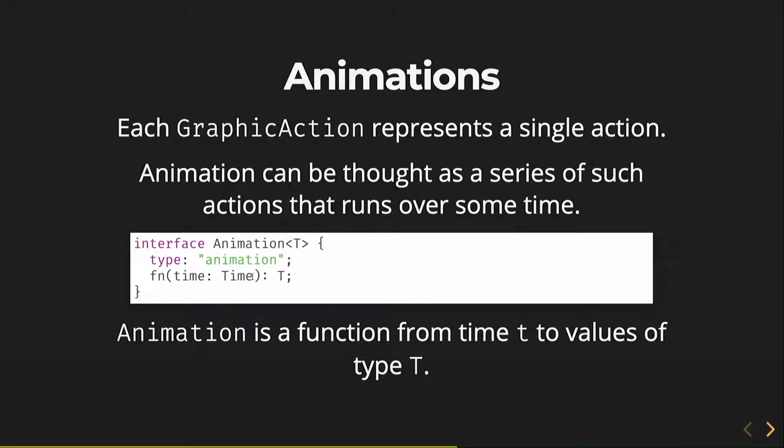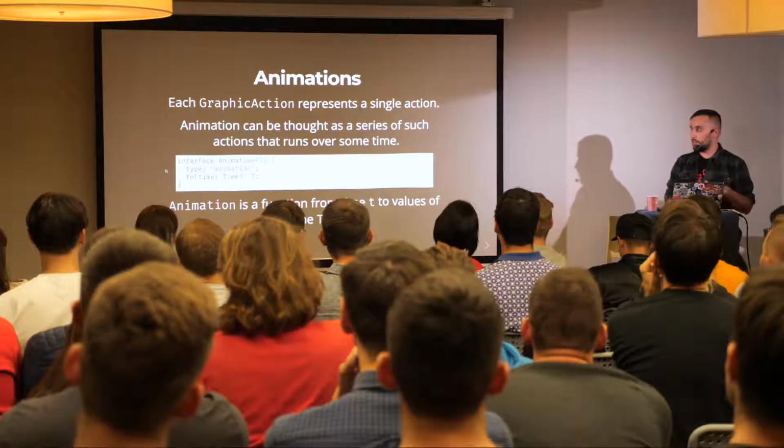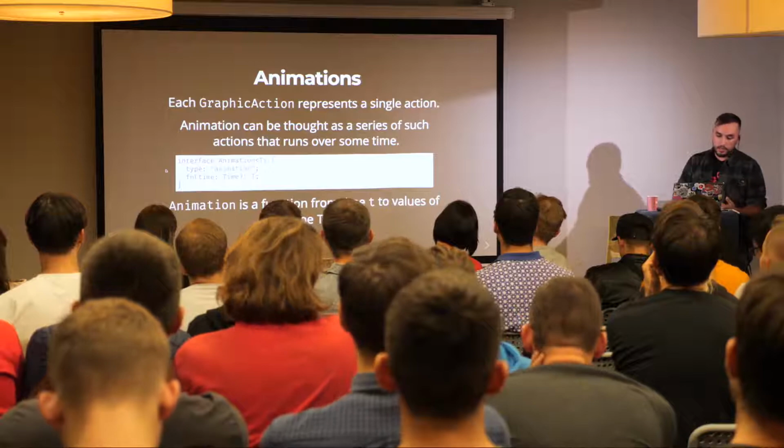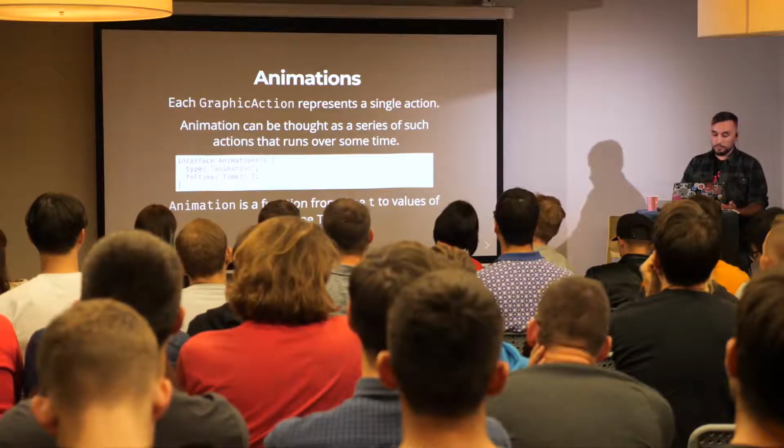Time is just an integer, just a number for now. And yeah, this is the interface of this animation type, and it is a generic type, as you can see, and it doesn't explicitly say that the animation function should return the graphic action type.